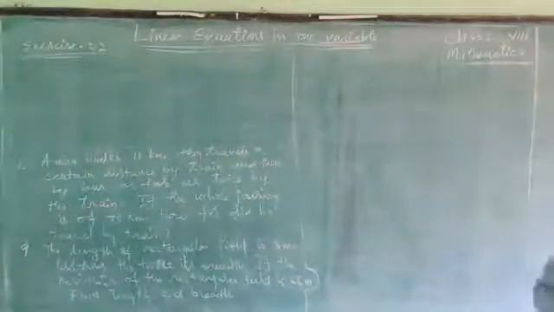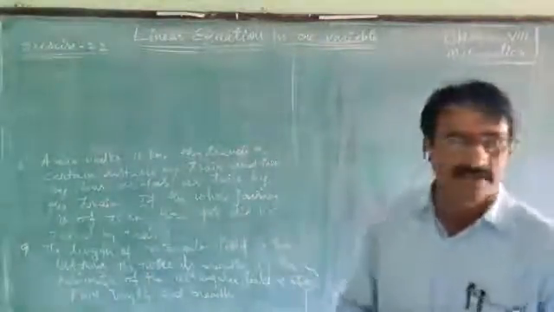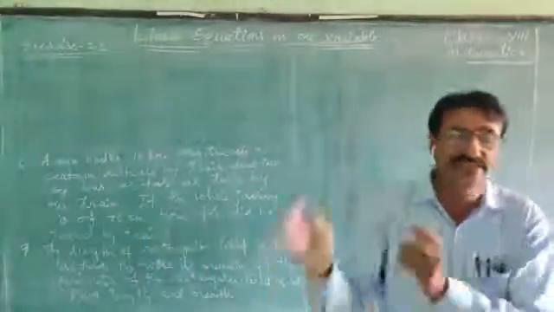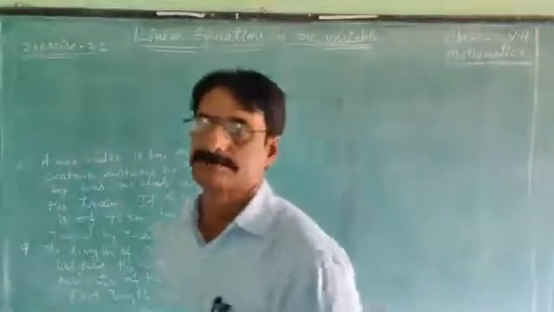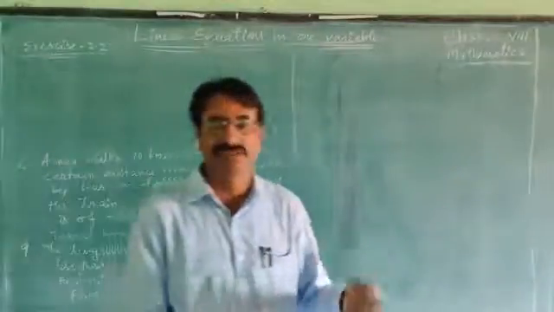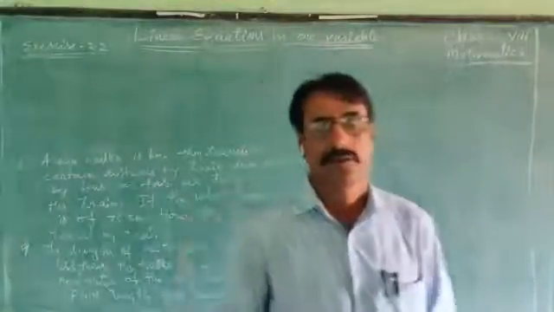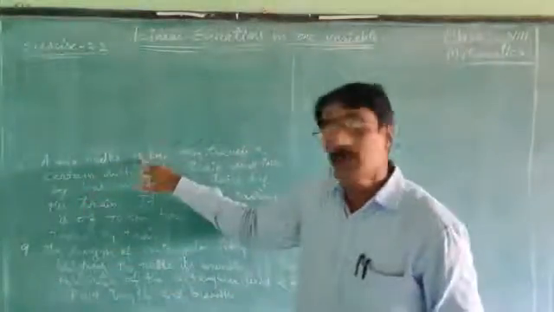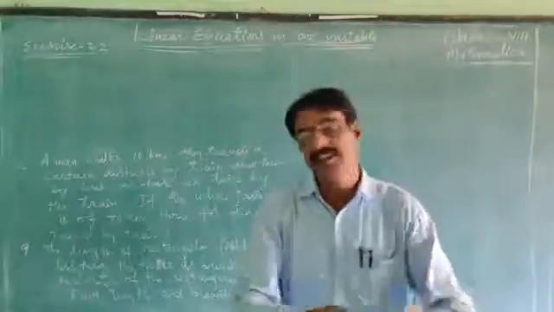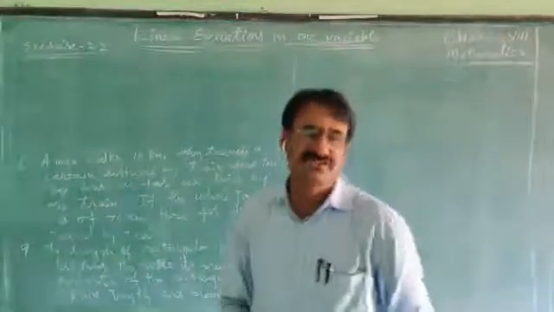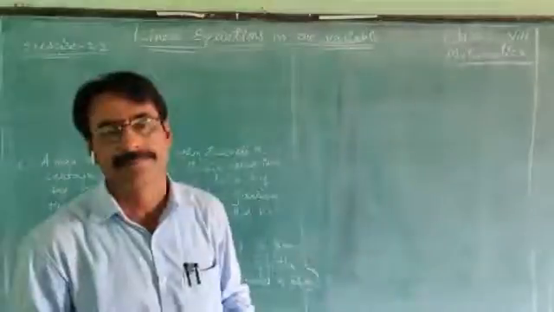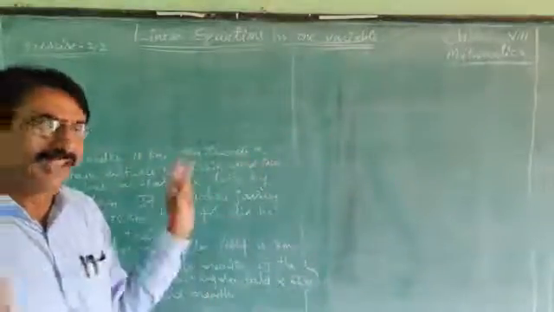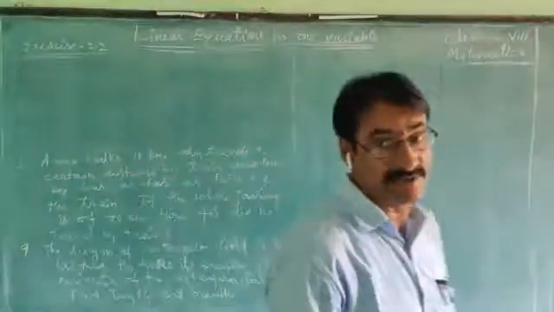A man travels by different vehicles. First he walks 10 kilometers, then he catches a train and then a bus. Totally he completed his journey of 70 kilometers.